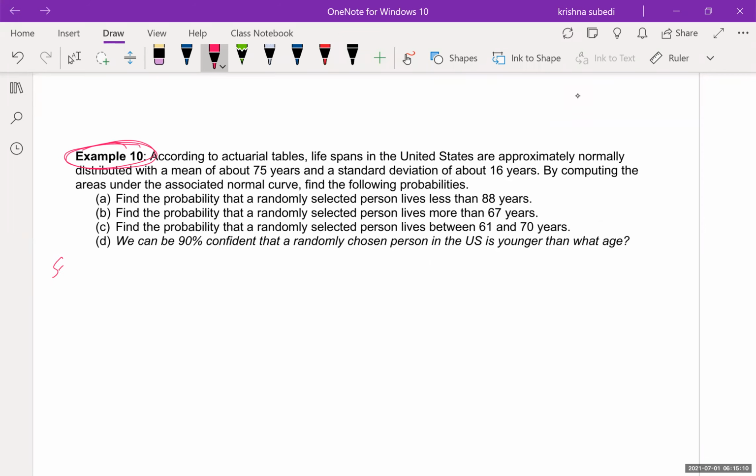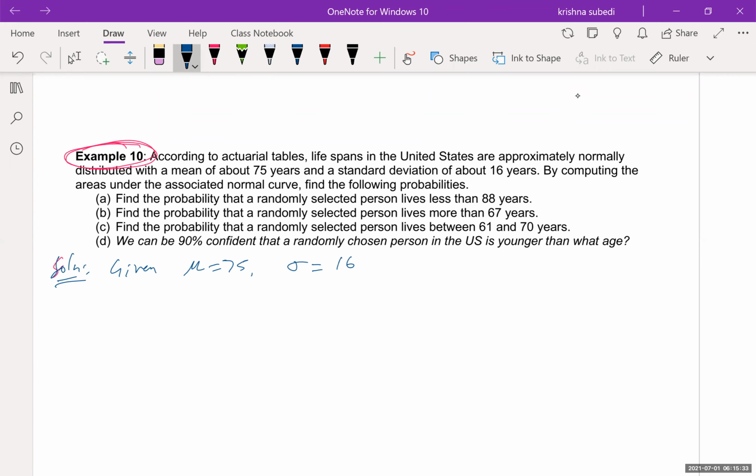All right, so let's try each of these very quickly. What is given here is mu equals 75, standard deviation is 16. And then find the probability that a randomly selected person lives less than 88 years.